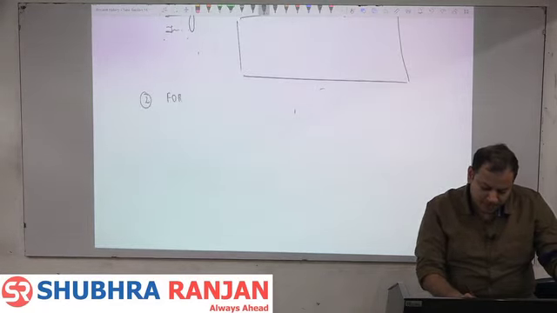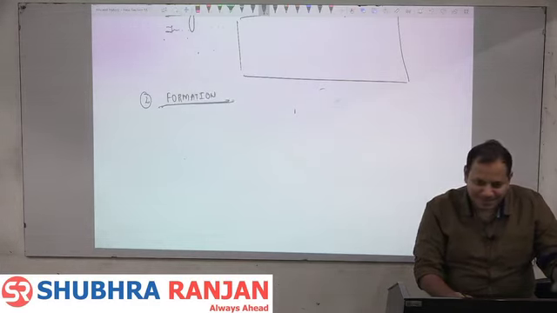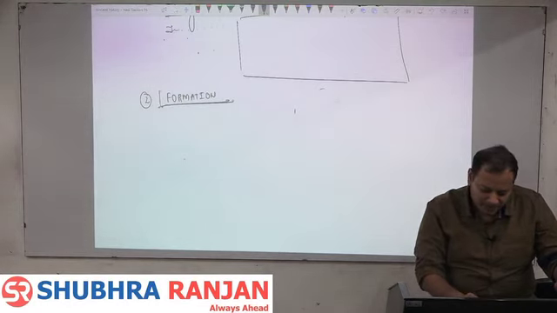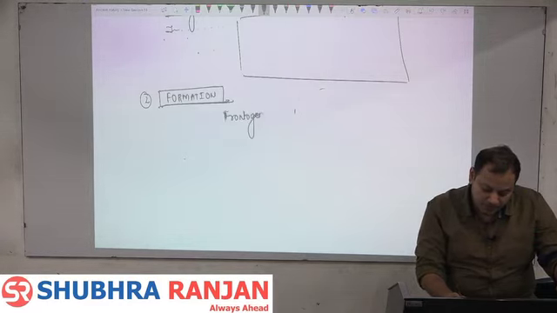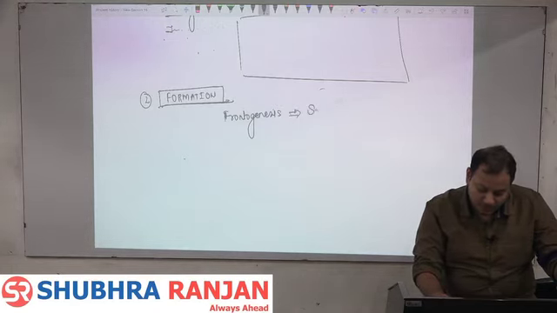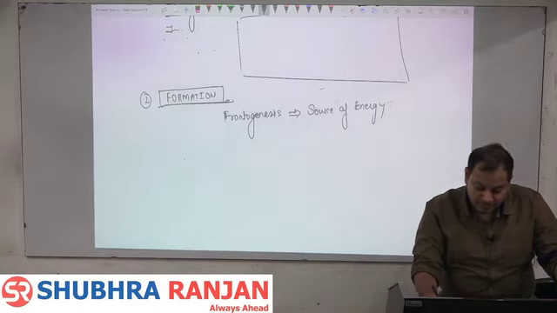Formation. Give all the subheadings properly so that the examiner also feels that at least one answer has been written very well. Fine? Neat and clean formation. One is due to frontogenesis, where the source of energy is temperature difference between the air masses.